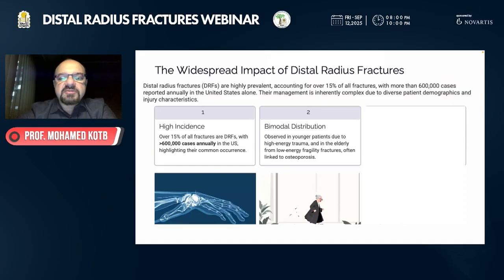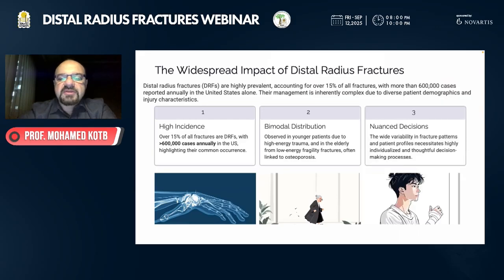And the bimodal distribution: it is observed in the younger age group due to high energy trauma, and on the contrary, in the elderly it is a low energy fragility fracture linked to osteoporosis. The third impact factor is the non-set decision, because the wide variability in fracture pattern means different decisions can be taken for the same patient.